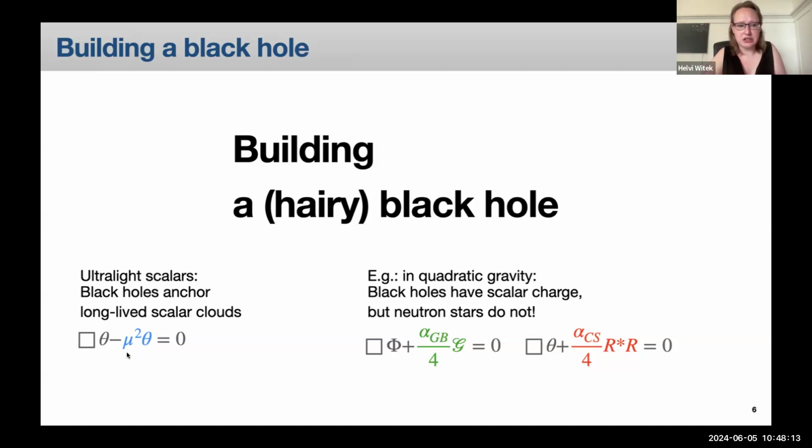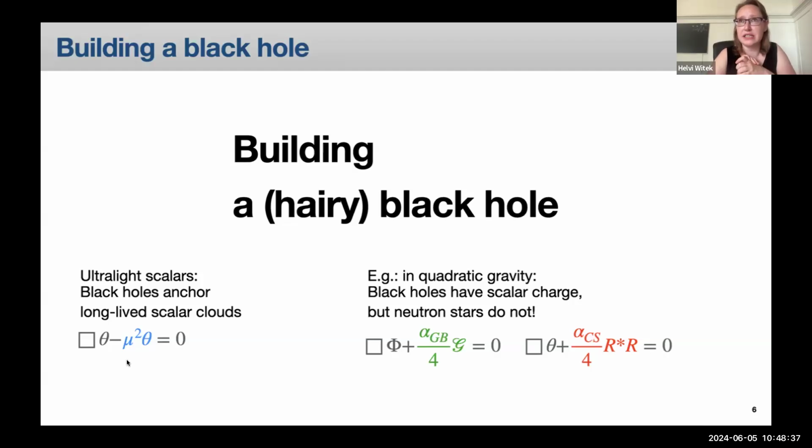And people have shown that you can grow a condensate of this field around a black hole, either through a process called superradiance or through accretion, when this mass parameter times the mass of the black hole is of order 1.